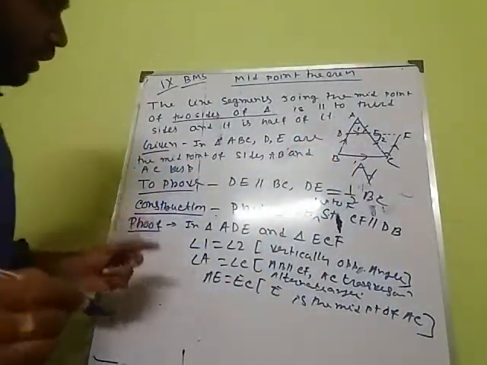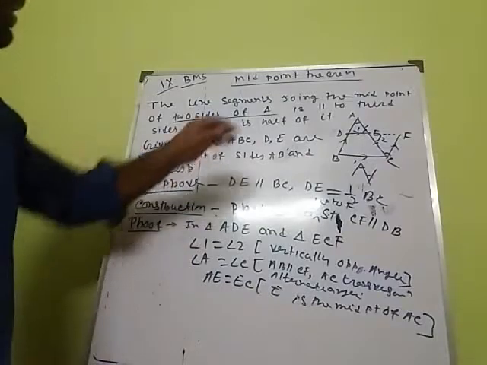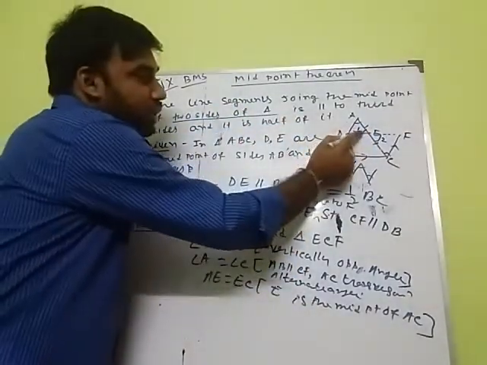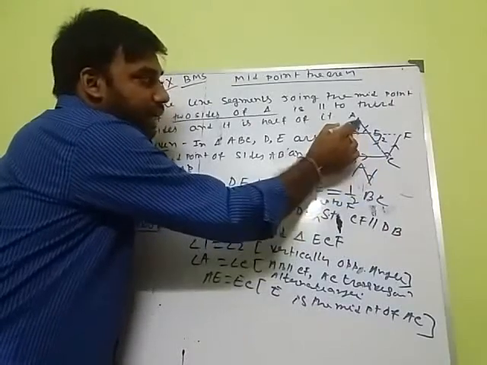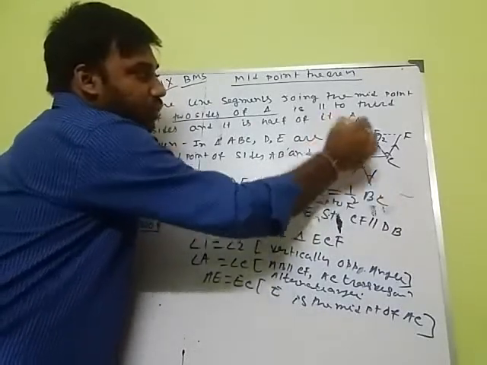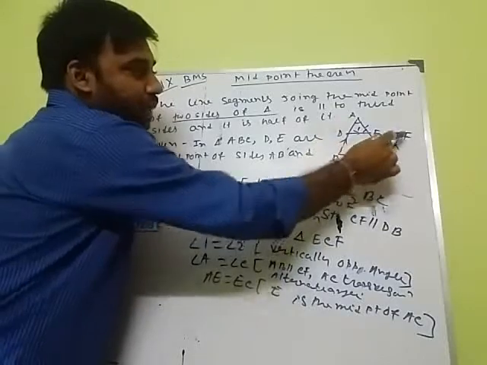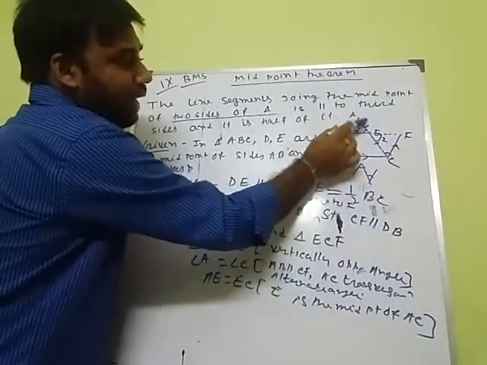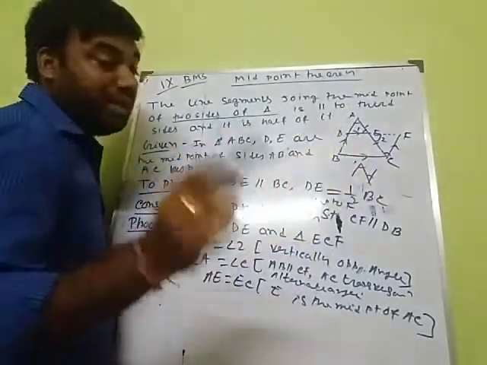So we have three equal conditions. Angle 1 equals angle 2, these are the vertically opposite angles. Angle A equals angle C, that is the Z form, meaning alternate angles, because AB is parallel to CF and AC is the transversal. And side AE equals side EC because E is the midpoint.